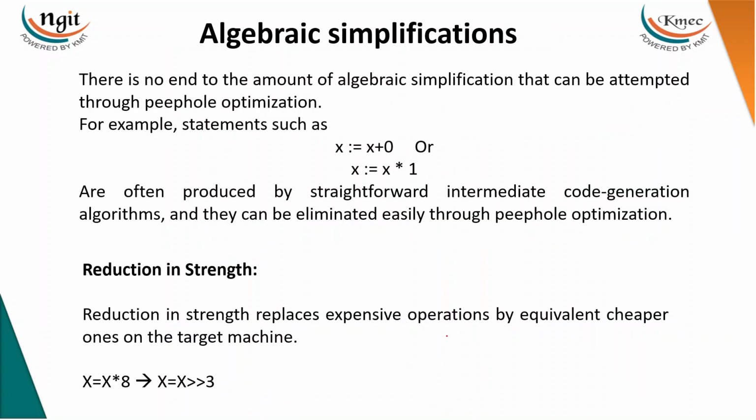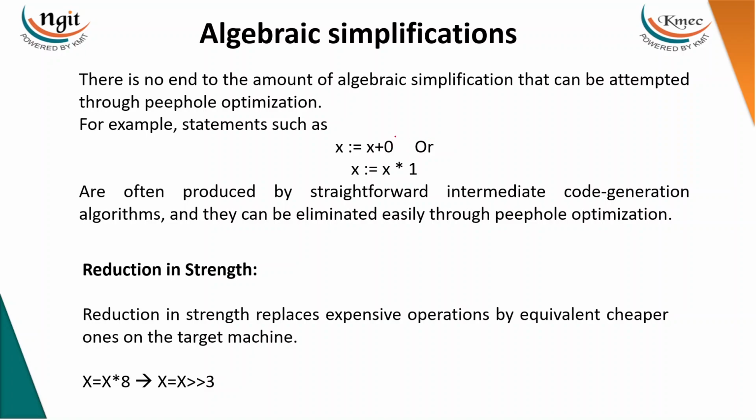Okay. Then coming to the next one, algebraic simplifications. We have already discussed algebraic simplification: if there is any possibility of simplification, we are doing it. Simplification is just transforming the code into another form so that we reduce the cost of that program.